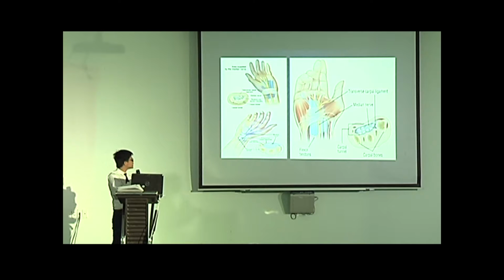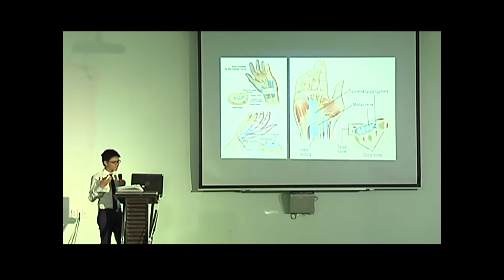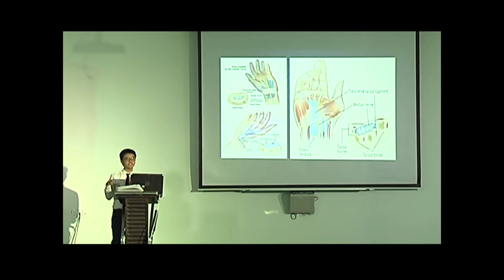Here you can see the other component of the carpal tunnel, the flexor tendons. We have 8 flexor tendons, 4 tendons for the flexor digitorum profundus and 4 tendons for the flexor digitorum superficialis, and these tendons are stored in the same synovial sheath.